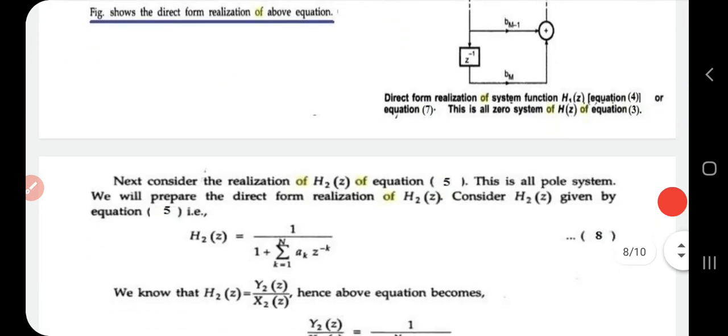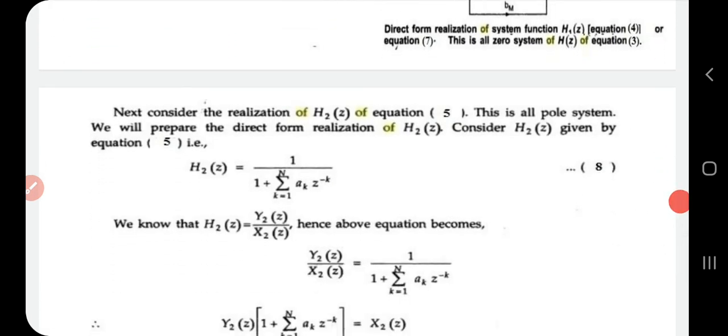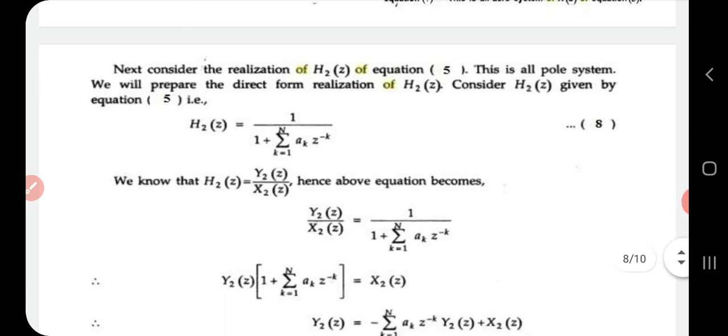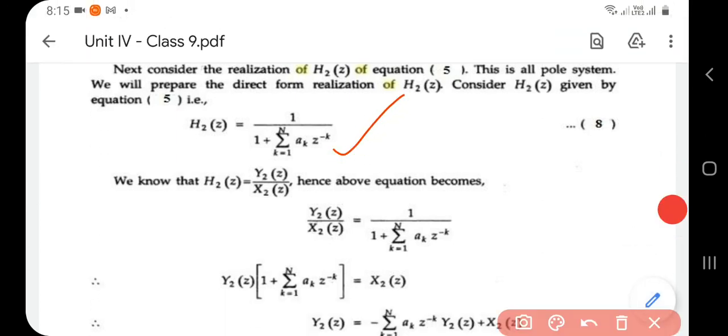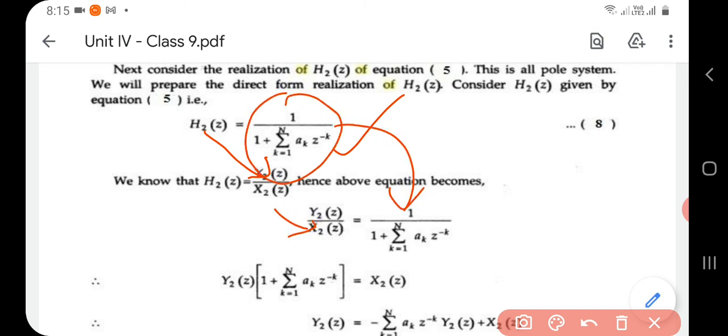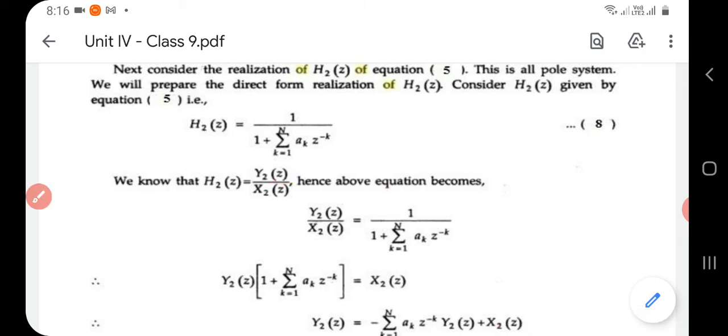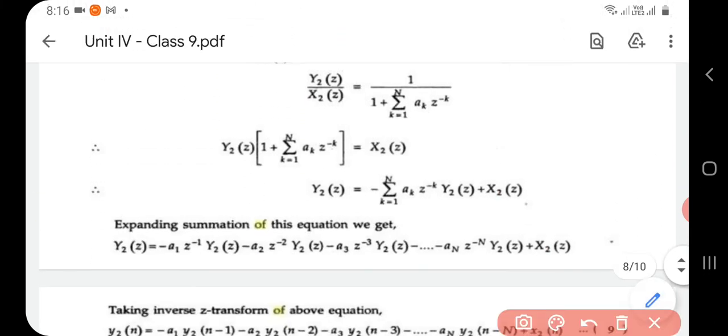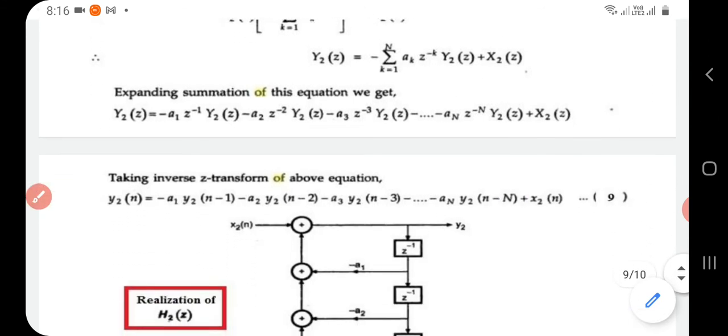Now let us consider the other part, H2(z). We have already seen that H2(z) is given like this. H2(z) is nothing but Y2(z) by X2(z). Just replace X2(z) with this equation and write it as such. Finally you will get the expression for Y2(z), and the time domain representation will be like this. Now take the inverse Z transform.